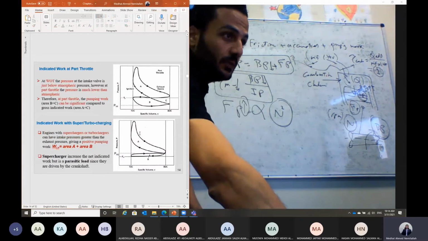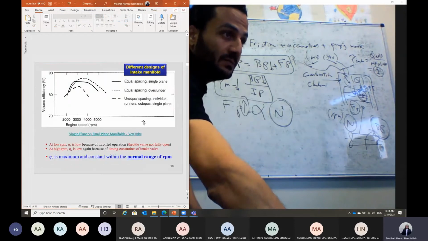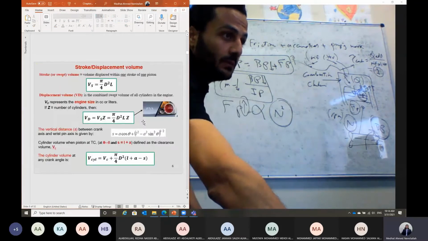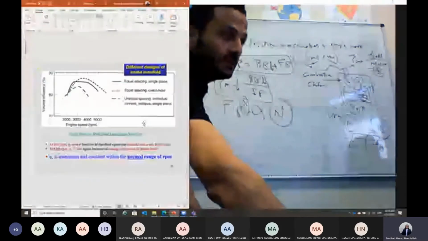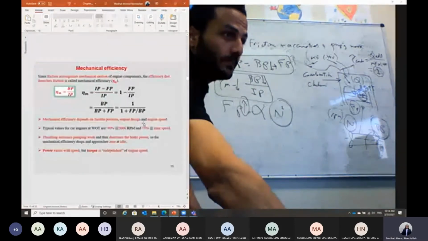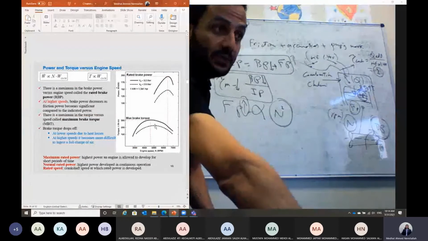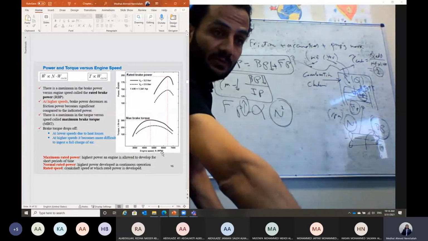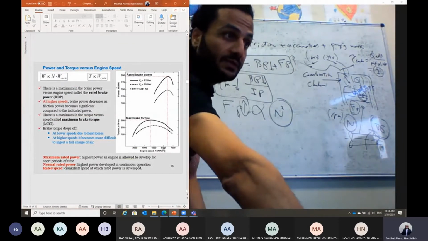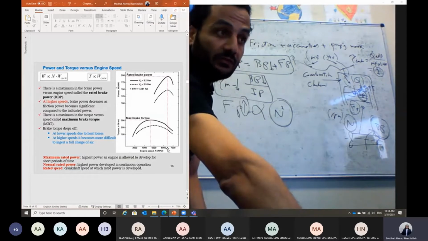We have discussed this figure last time. As you can see, Shabab, when you increase the RPM, if you are running your car, but look here at 6,000 RPM or 6,500 RPM, you will find this is the maximum rated power.